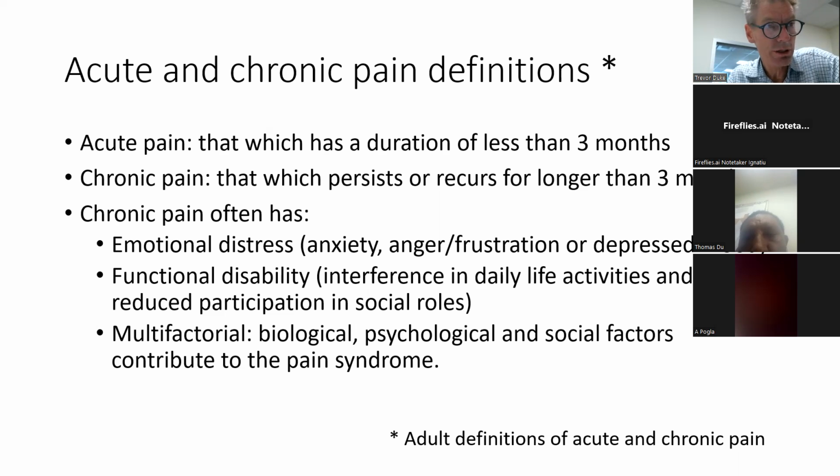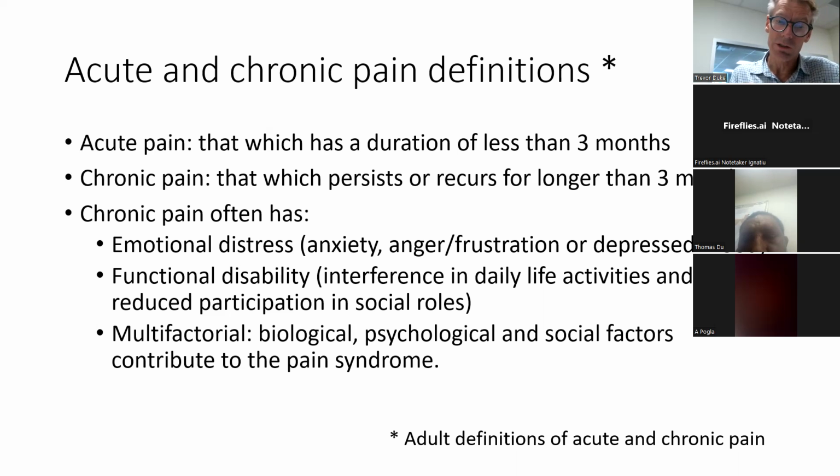And also chronic pain tends to be multifactorial. It has a biological basis, whatever the organic injury is, but then there's other overlying psychological and social factors that either contribute to the pain syndrome, or they could make the person more resilient to the biological pain that they feel.